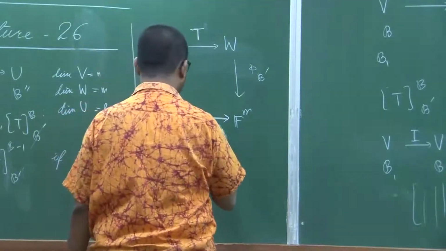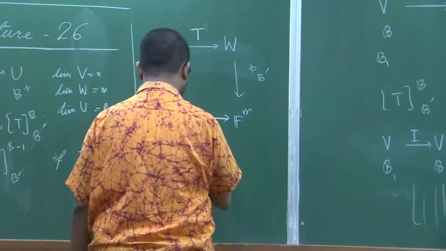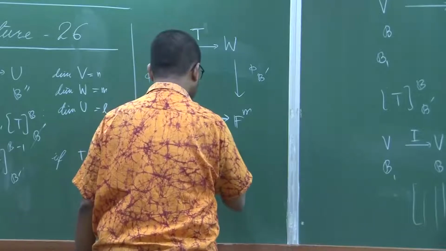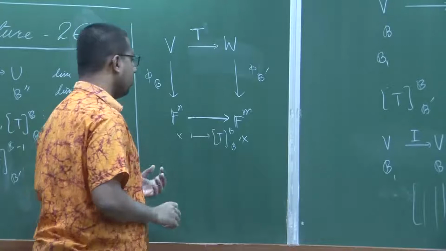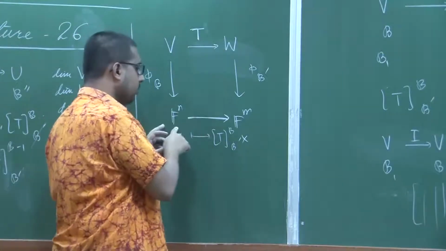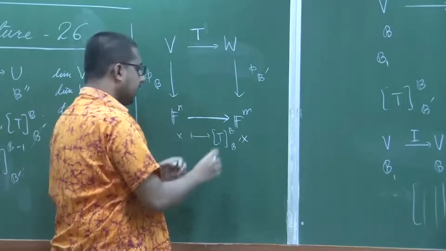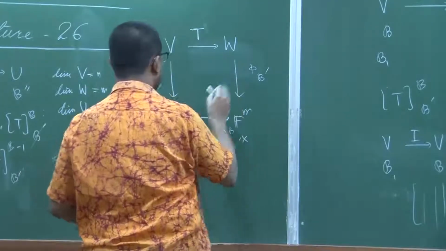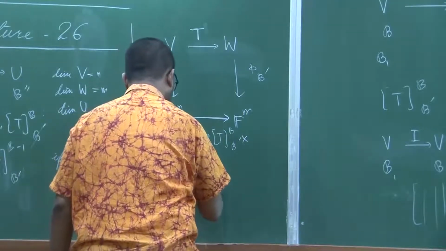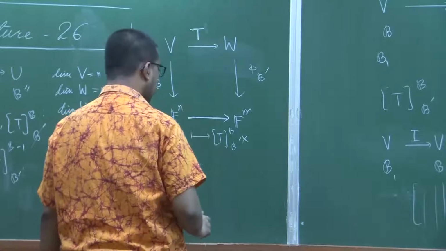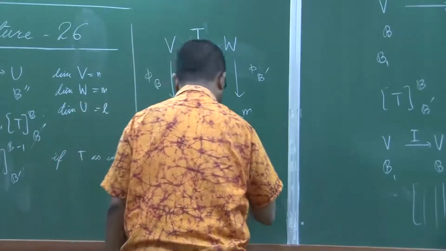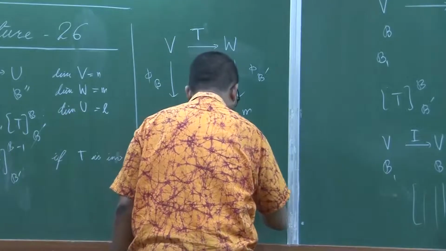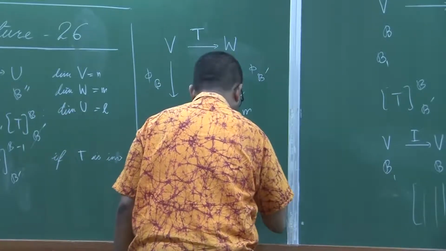Remember, this map is given, so this map is basically T_{B,B'}(x). So these two are isomorphic. Then you see the image of T, and the image of this map is the column space of this matrix.